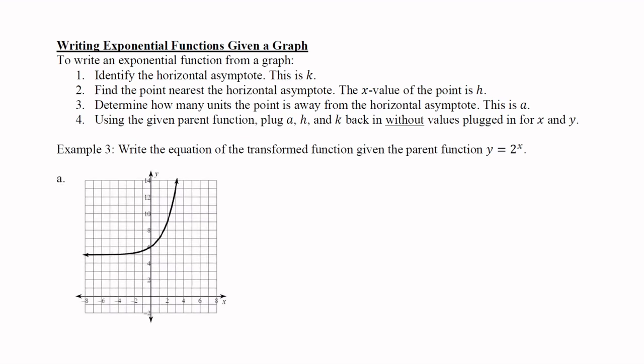So here we have a graph of an exponential. Our k is 5. Our h is 0 because the point closest to the asymptote is on the y-axis. And our a is 1. So we have the equation y equals 2 to the x plus 5.